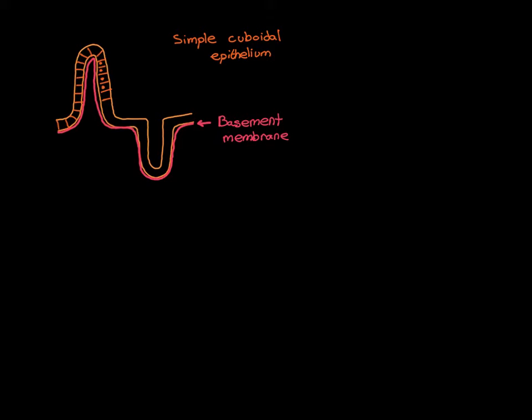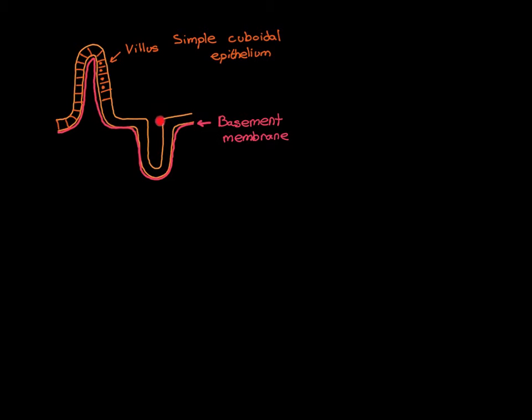Now, before we move off the epithelium, let me label up these projections outwards and these projections inwards. So this is called a villus here, and of course you'll have loads of villi. This is the projection outwards.